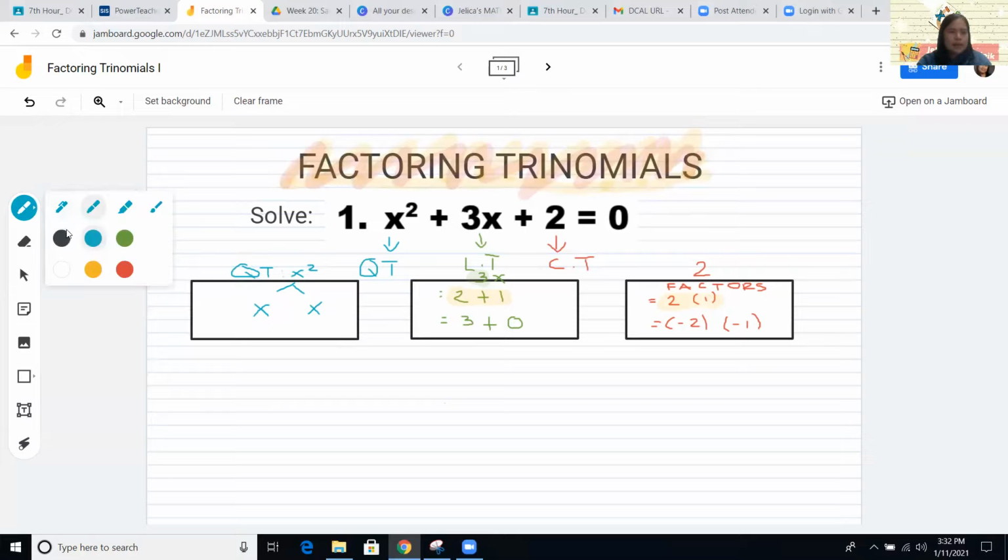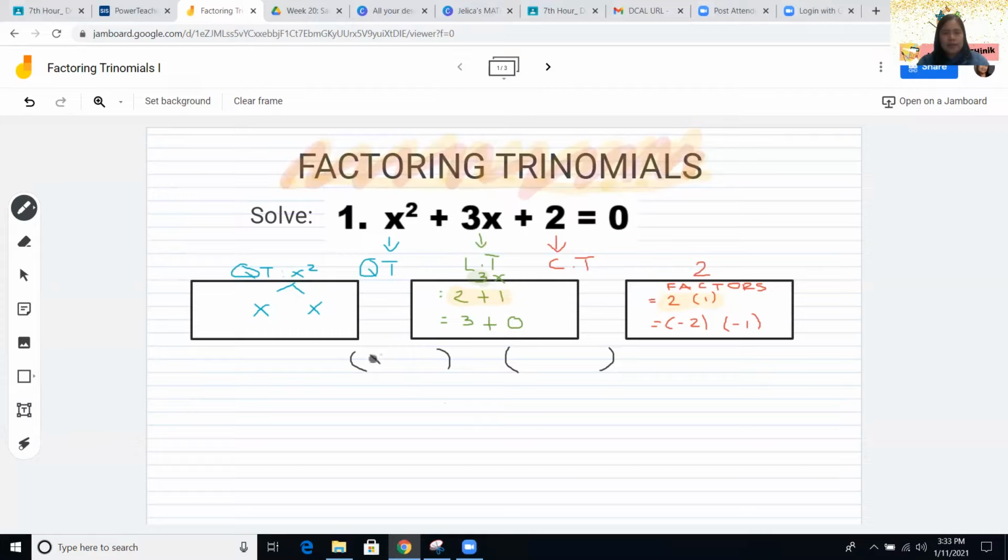Okay, and then we'll proceed to the next step. I am drawing in here two groups of parentheses, in which I will factor the trinomial x squared plus 3x plus 2. And these boxes that we made will help us to find the perfect factors. Then the next step, we distribute the x.